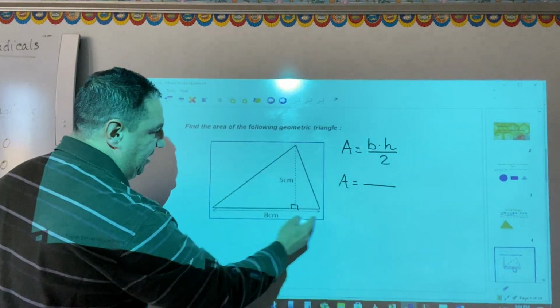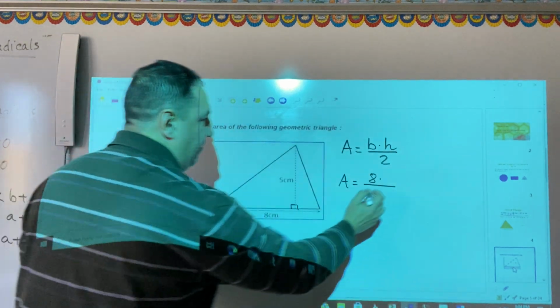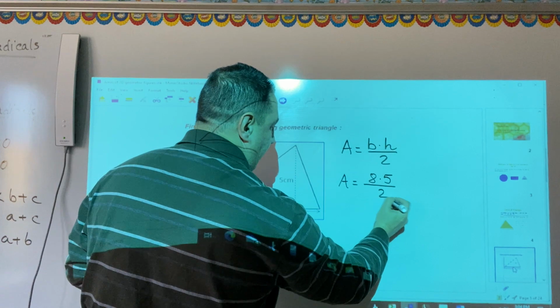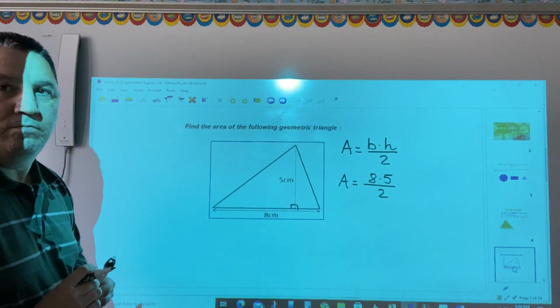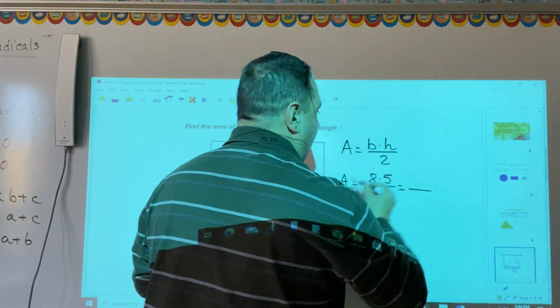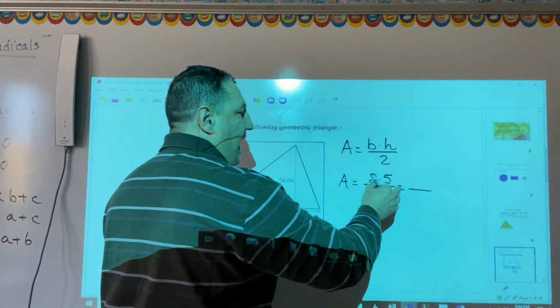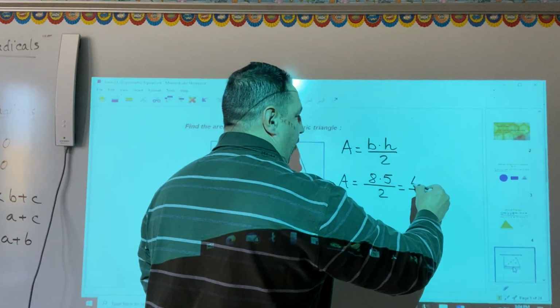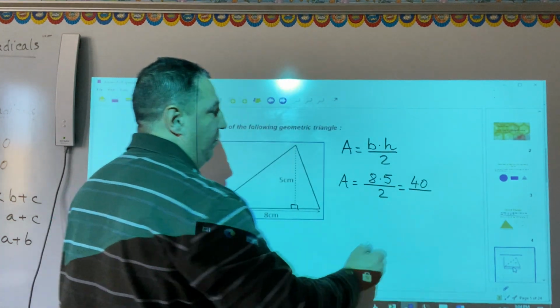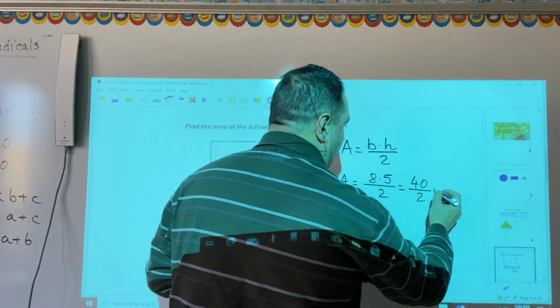So, to find the area, we simply plug it in. Base is 8 centimeters times height is 5, divided by 2. Now, first we evaluate the numerator. 8 times 5 would be 40, divided by 2, right? 40 divided by 2 would be 20.